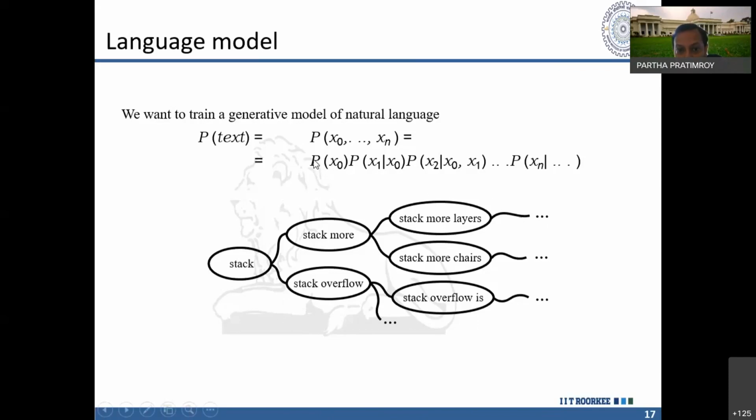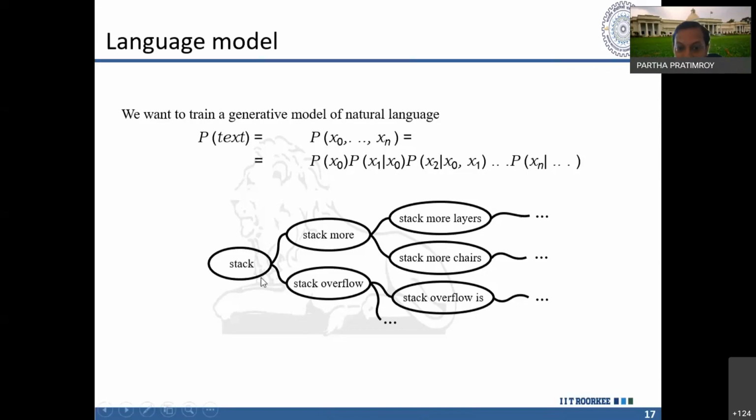You have the probability of x0, then x1 given x0, x2 given x0 and x1. So what is the previous piece of the sentence, and what is the piece before that?